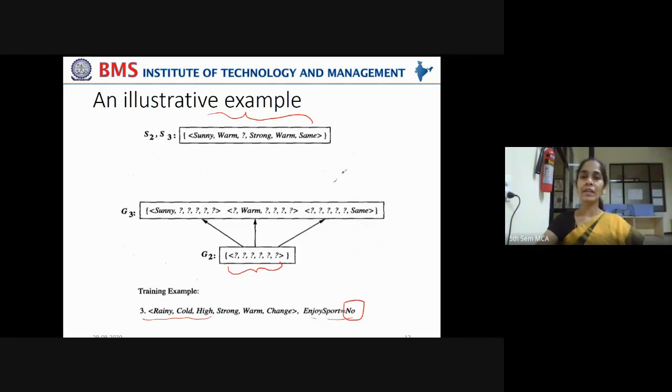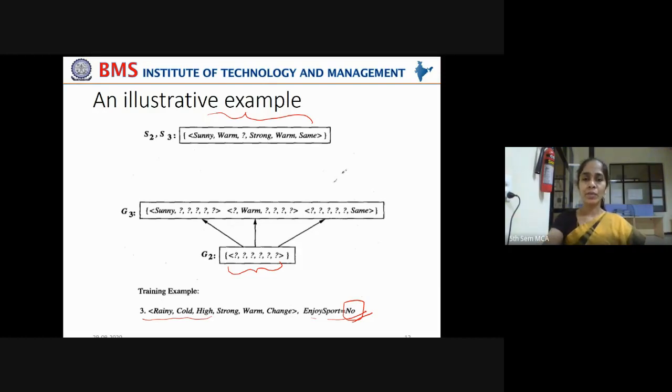Now, whenever there is a target label with no, or a negative example, try modifying from the general hypothesis. Whenever there is a training example with outcome yes, you will modify from the specific boundary set. Whenever there is a training example with label no, you modify from the general hypothesis and check the other side, the specific hypothesis.